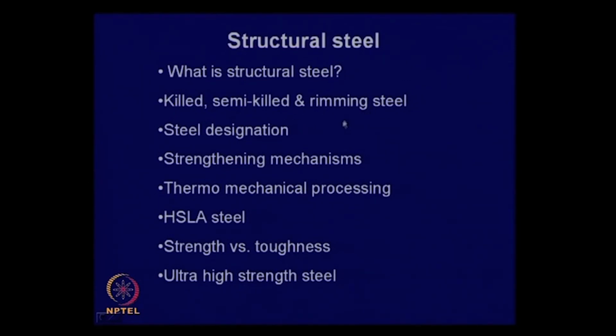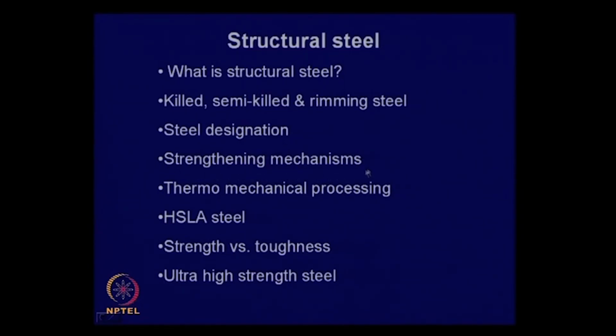We looked at the differences, we talked about steel designations and strengthening mechanisms, and we found that for most of the mechanisms, if you try to increase the strength, toughness goes down and ductility goes down.